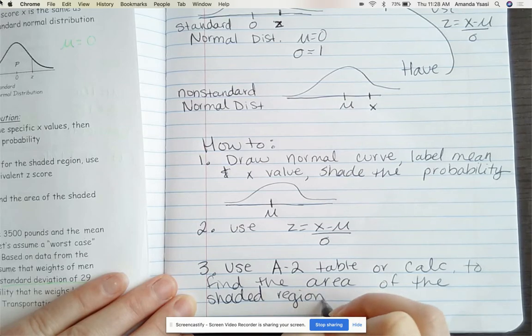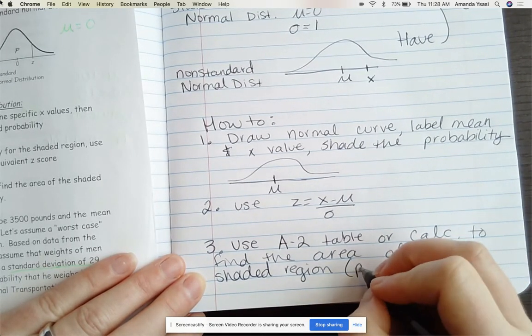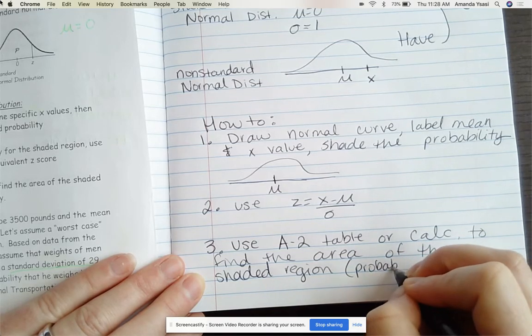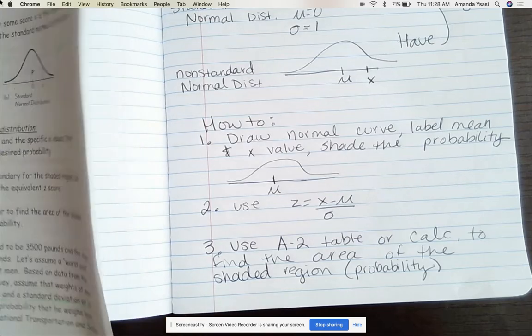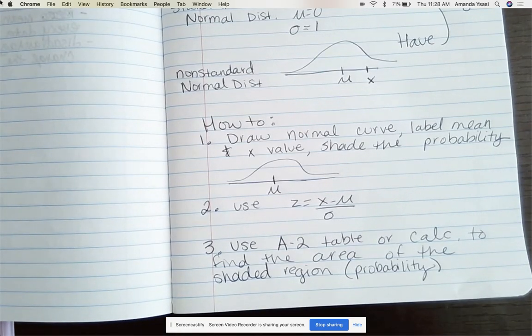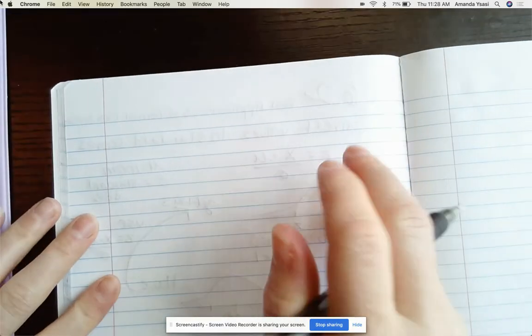And remember, the shaded region is your probability, because they are directly related. Okay, so let's look at some examples.